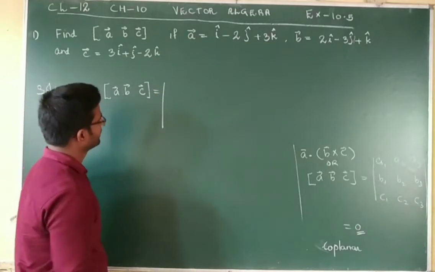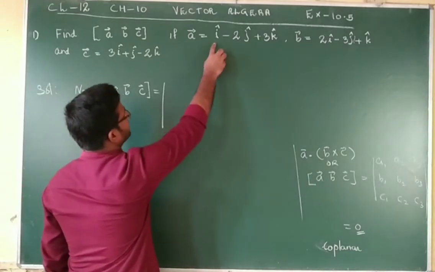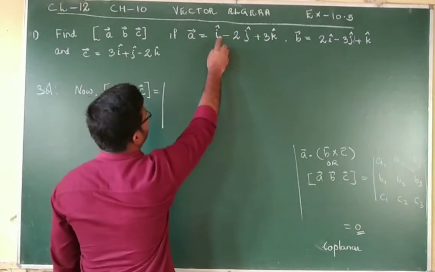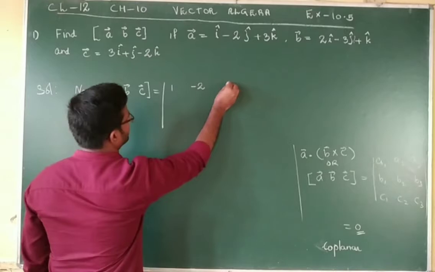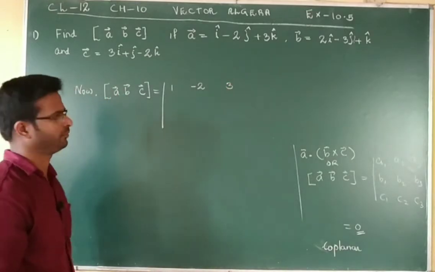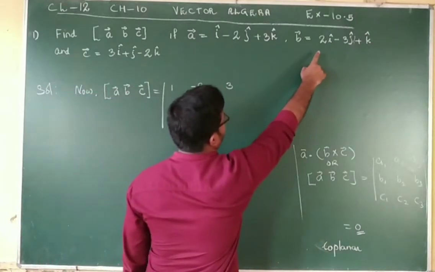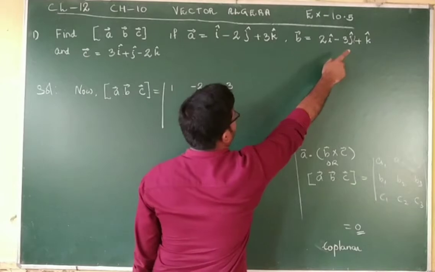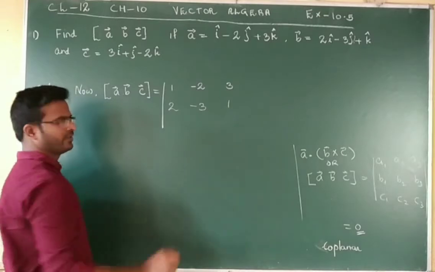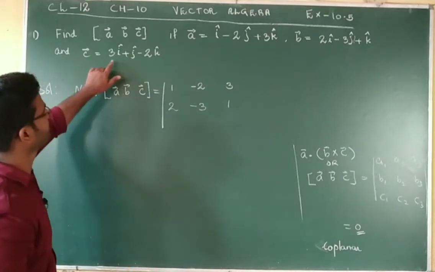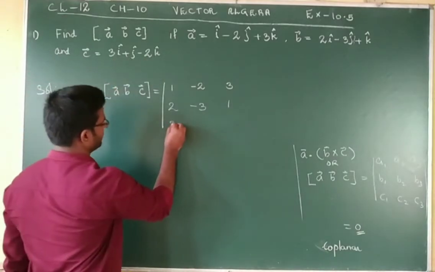In the first row we will write the scalar components of A vector, that is 1, minus 2, 3. In the second row, the scalar components of B vector, that is 2, minus 3, 1. In the third row, the scalar components of C vector, that is 3, 1, minus 2.